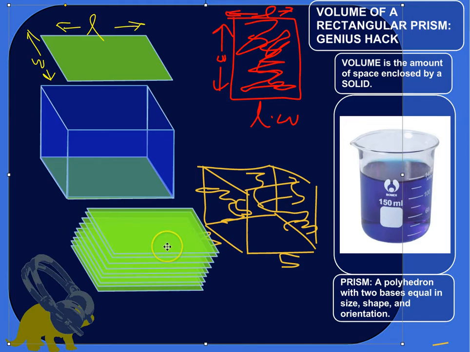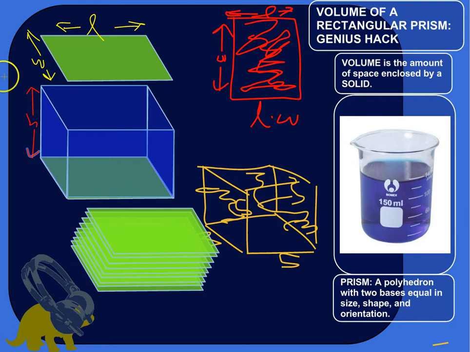So this distance from where you started to where you ended up is called the height. This dimension is called the height of the prism, the distance from one base to the final base.